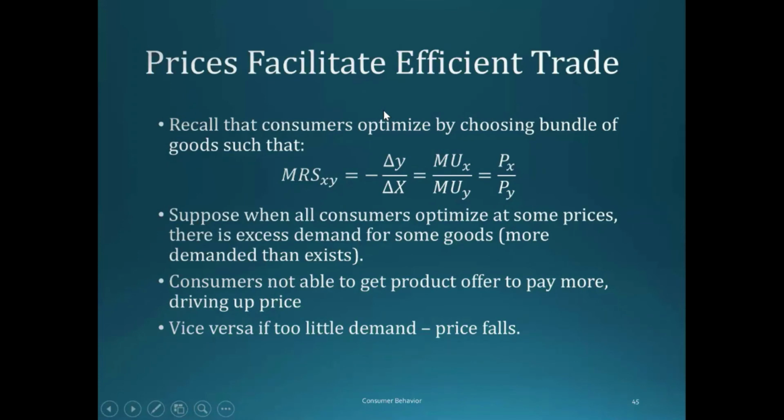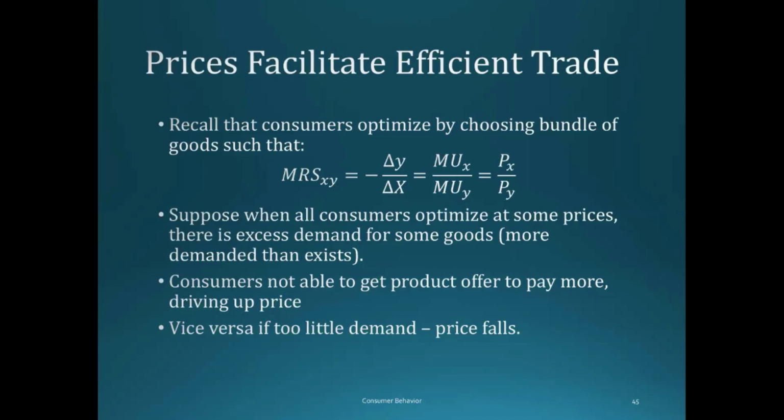Okay, so what's really neat about this is that prices facilitate efficient trade in a free market. If you think back to the earlier lecture on utility and consumer choices, you might recall that the optimal consumption basket for a consumer, given their budget constraint, that is the choice of how much of each of the goods they want to consume to maximize their utility, is the basket that spends all of their income and sets the marginal rate of substitution equal to the ratio of prices.